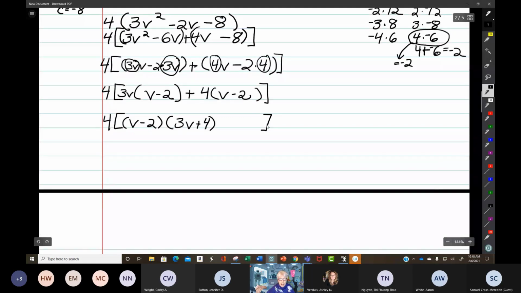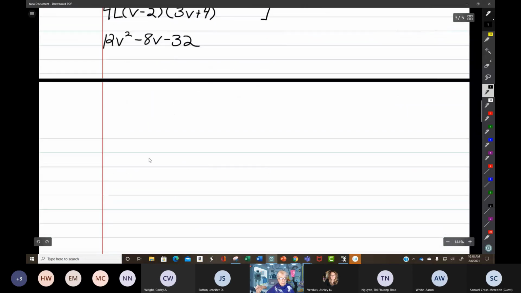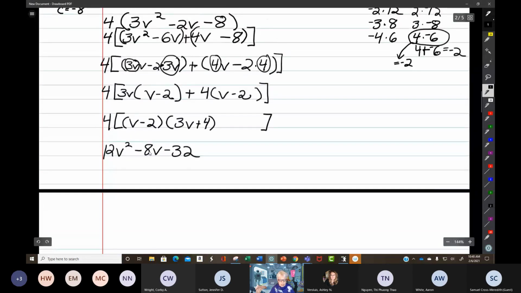So let me write it all out. 12V squared minus 8V minus 32. I hope I wrote that correctly. Yes. Equals 4 times V minus 2 times 3V plus 4.